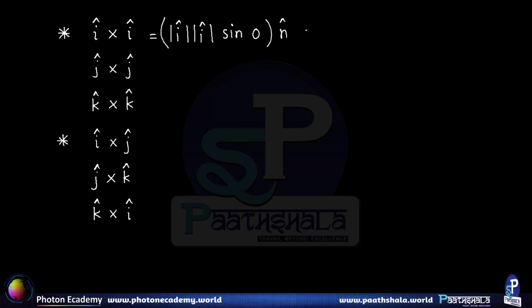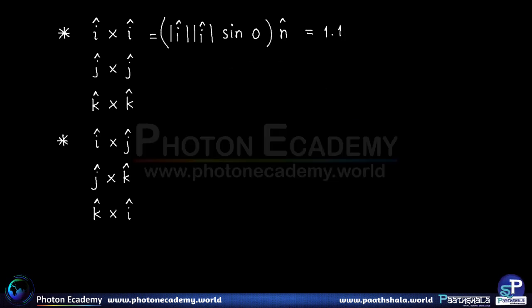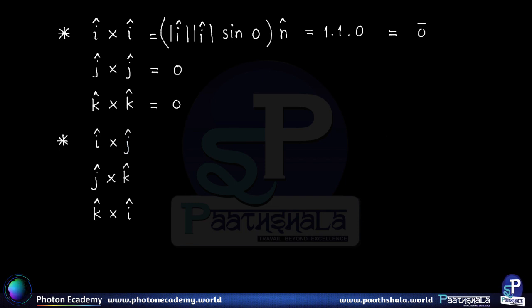Here both magnitudes are 1, but that is multiplied with 0, so ultimately we get 0 bar. Similarly, the cross product of j and k with themselves is also 0.